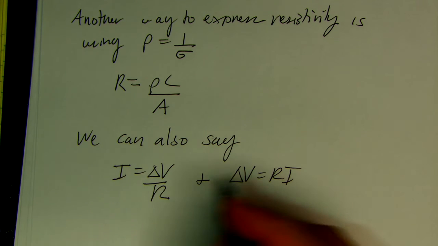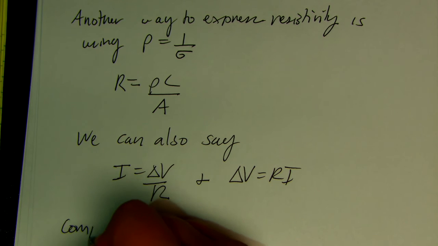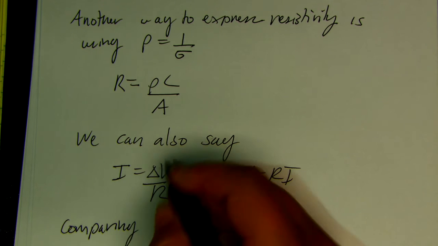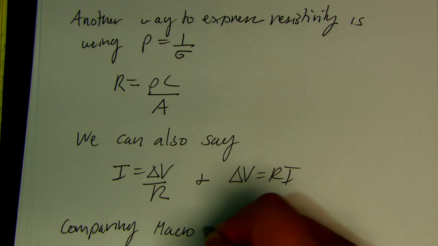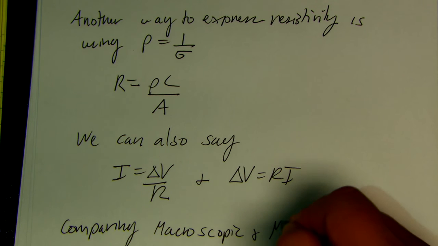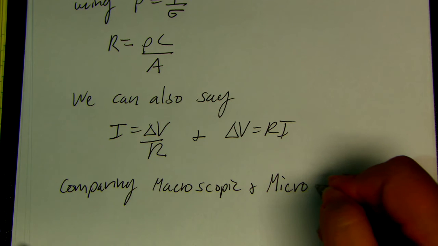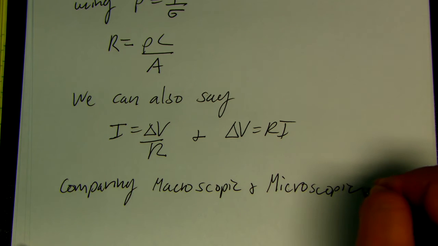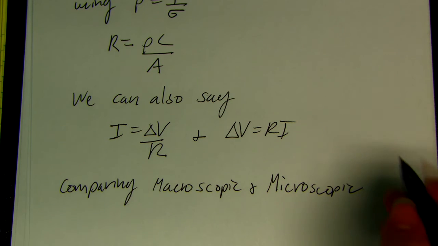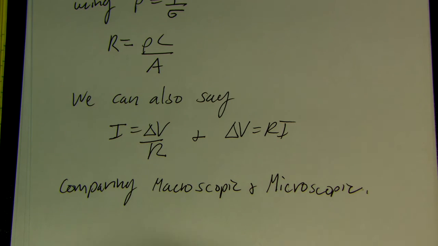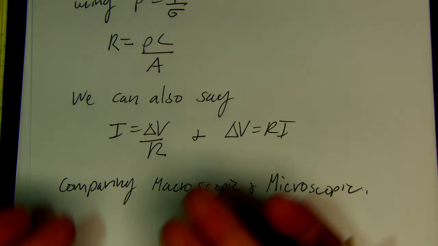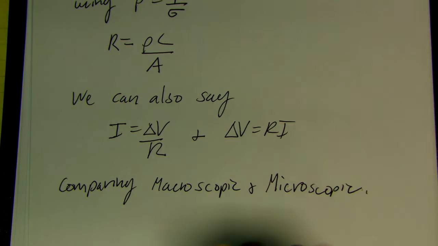Which is, of course, the equation that if you've done circuit work before, you should be very familiar with. All right, so let's look at what we have done so far. We have done this primarily microscopically, and then we have just brought it into the macroscopic. So let's see how this equation looks microscopically.